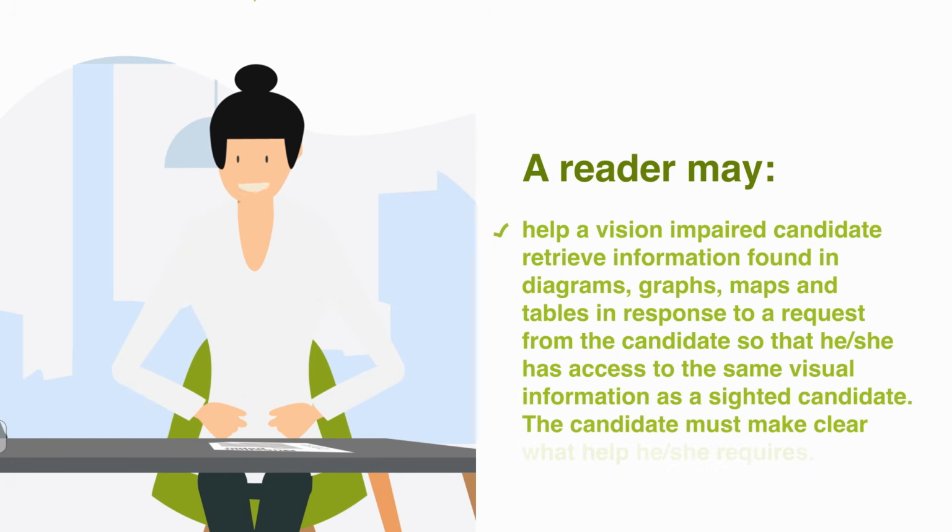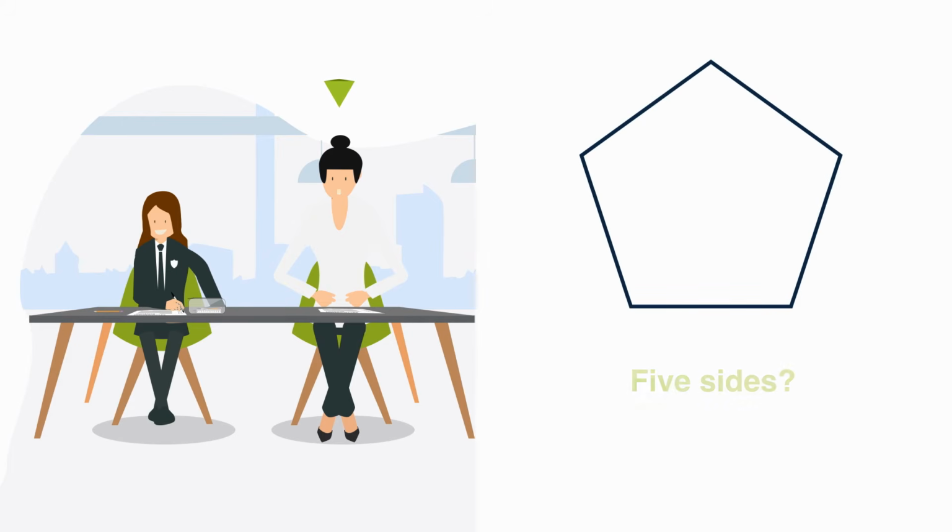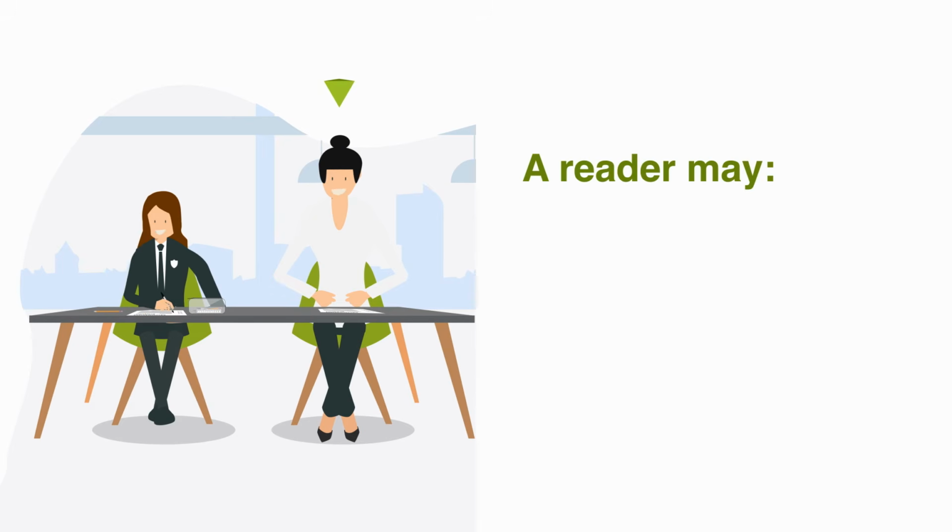The candidate must make clear what help he or she requires. For example, a candidate with vision impairment asks the reader if an unlabeled shape on a diagram has 5 sides and is a pentagon. The reader can state how many sides the shape has, but cannot confirm that it is a pentagon. A reader may read numbers printed in figures as words.